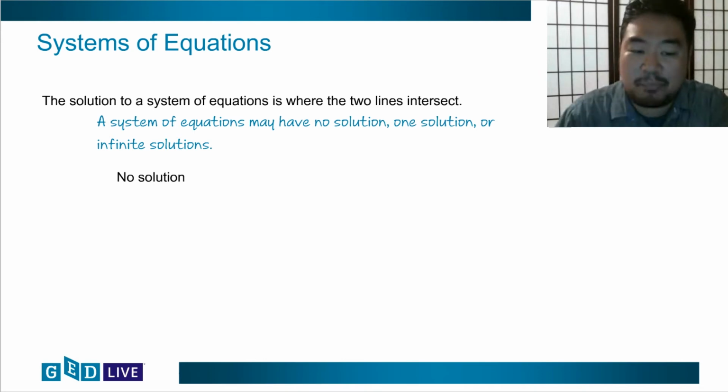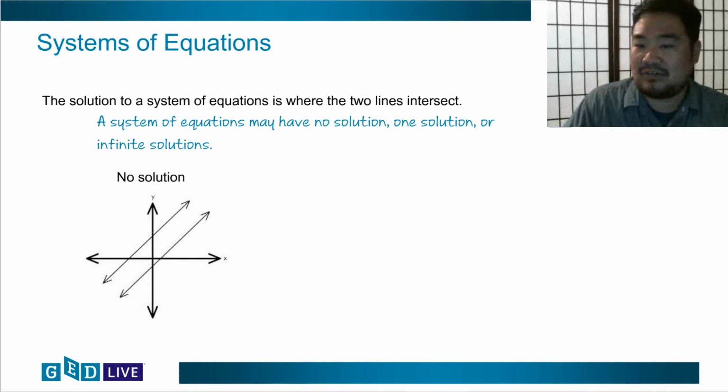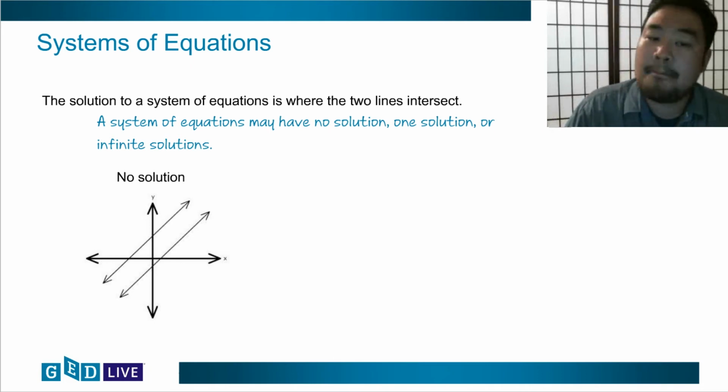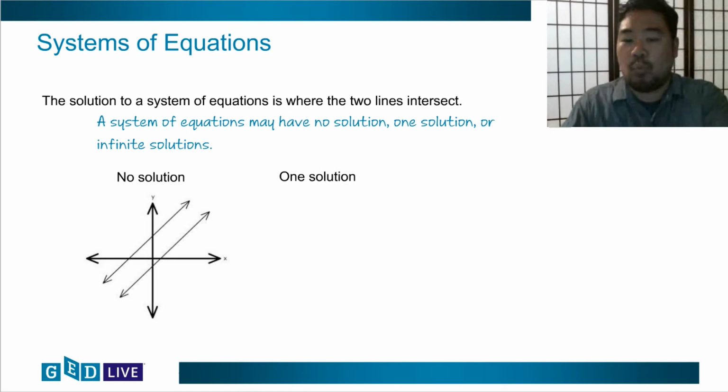So you have two lines that are going to be parallel to each other. They never intersect. They have no point of intersection. They have no solution.